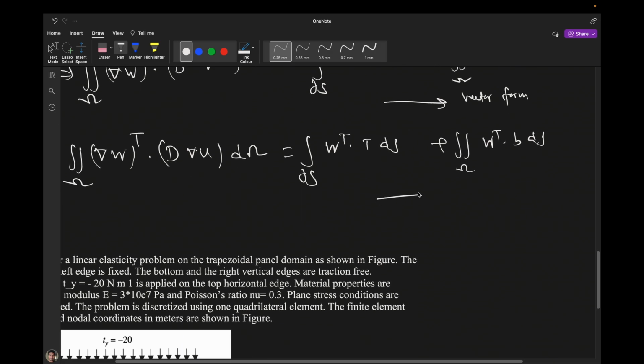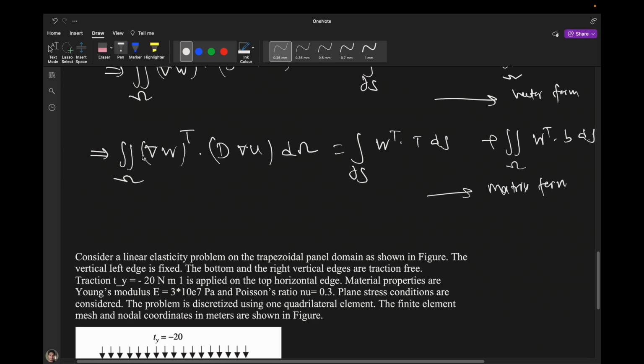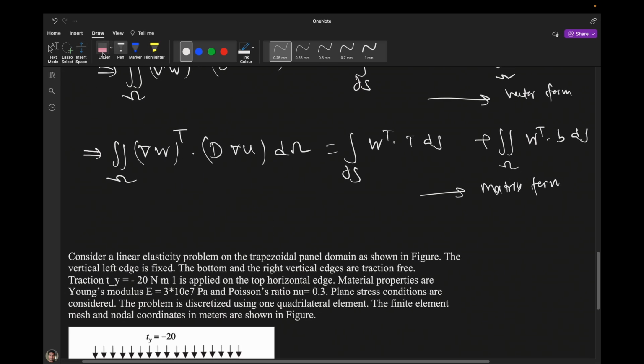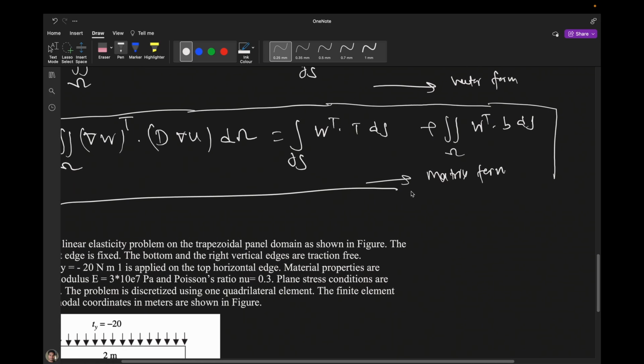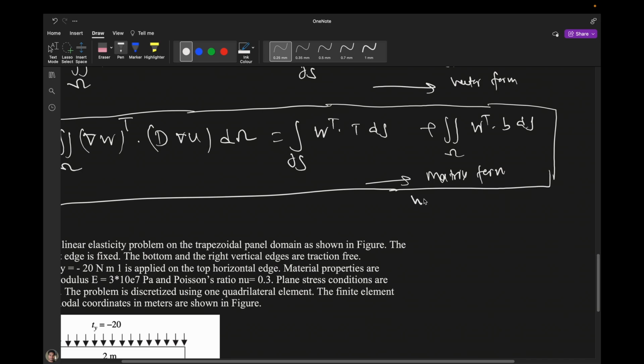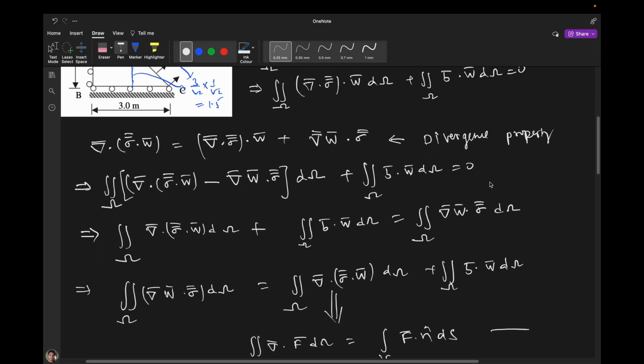So this is in the matrix form. So yeah, this is the weak form of our problem. Okay, weak form.